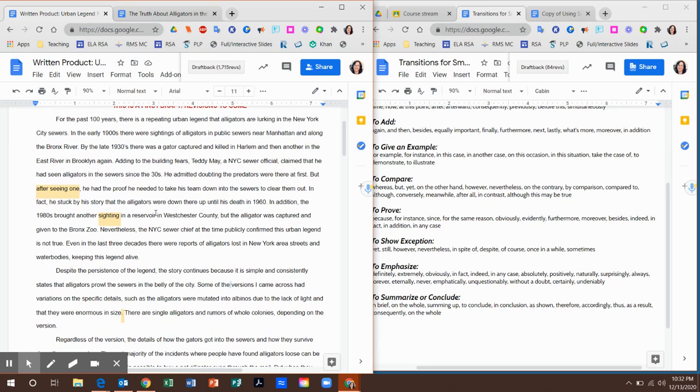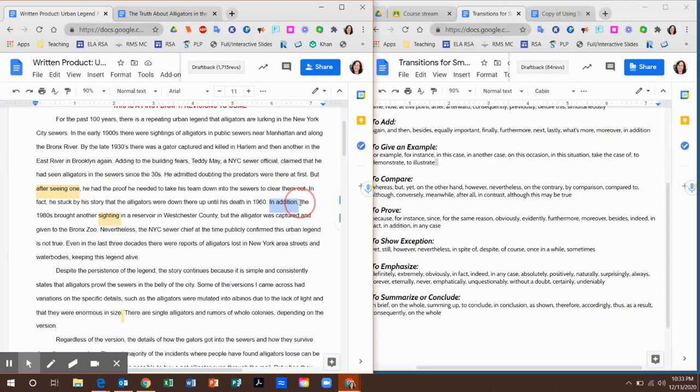So what I'm looking for are repeated sentence structures, because transitions work really well when they're added right in the beginning of that sentence. And so I can change up that choppy sentence structure that repeats by choosing some transitional language, right, to connect those ideas and change up the sentence structure then, like I did in here, right, adding to the building fears.